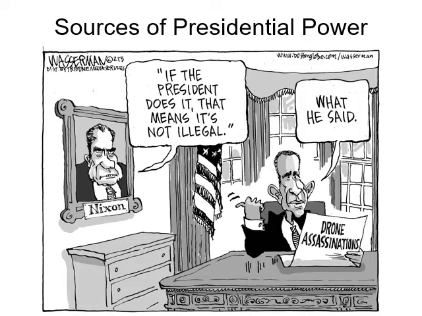So the source of all the president's powers is constitutional, in a sense. But the Constitution gives express and implied powers. And the Constitution also gives Congress powers, right? And then Congress can give statutory powers to the president.